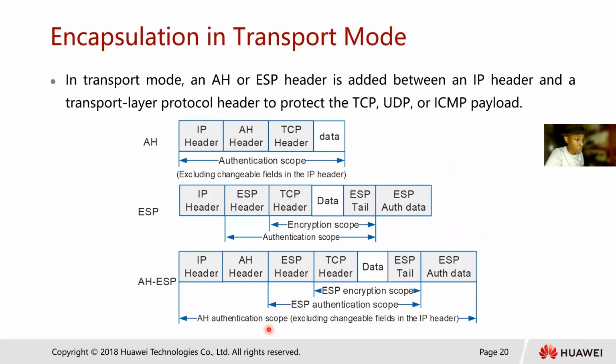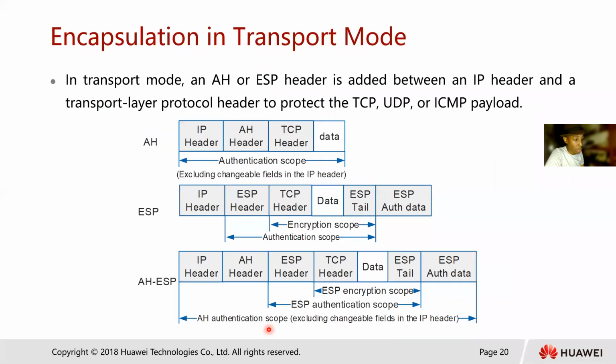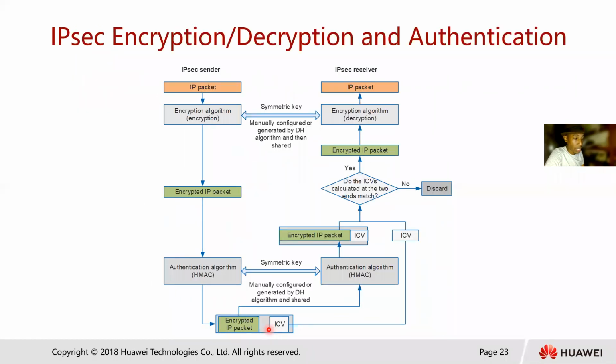We also have encapsulation in transport mode and in tunnel mode, and how it really works. Encapsulation is where you are adding more items onto the packet, right? IKE SA is also here. IKE stands for Internet Key Exchange. We also have IPsec encryption and decryption.